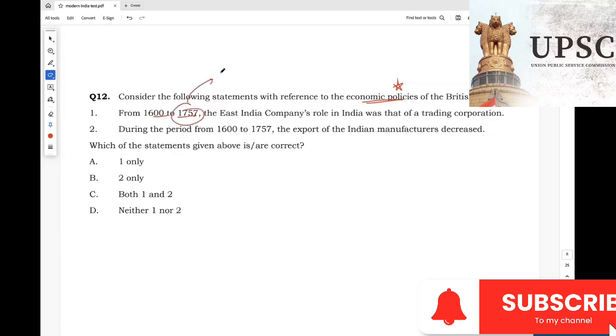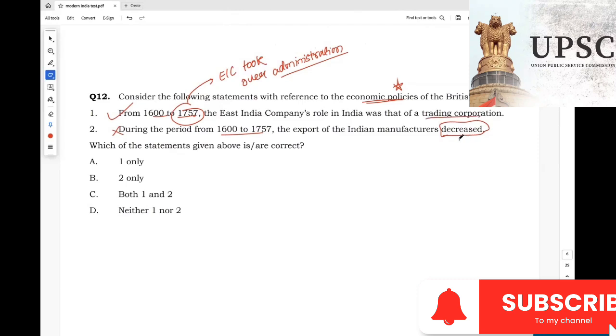Because in 1757, the East India Company took over administration after defeating Bengal. So this statement is correct. During the same period, the exports of Indian manufacturing decreased. No.